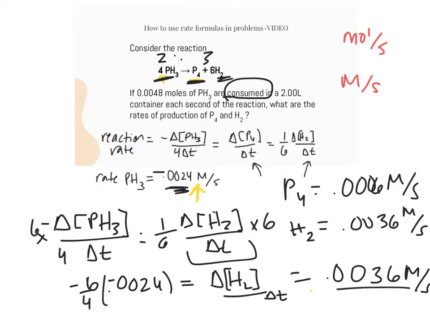If I wanted to know the total rate of reaction here, it's going to be equal to anything that has no coefficient, which means that this is also the rate of reaction, if I wanted to say that. This is 6 times the rate of reaction. This is 4 times the rate of reaction. So our answers would be 0.0006 and 0.0036. Hopefully you found this not too confusing.